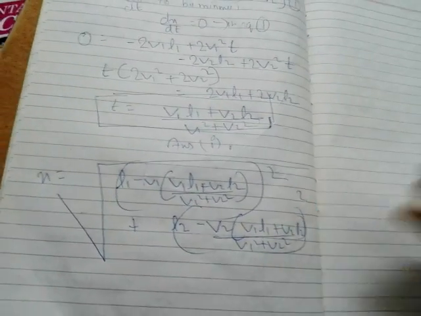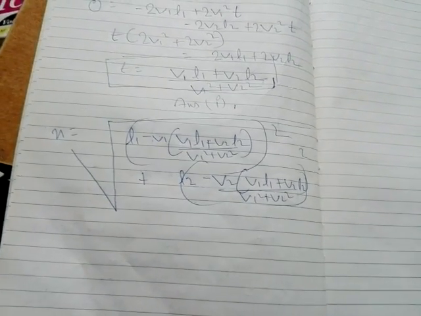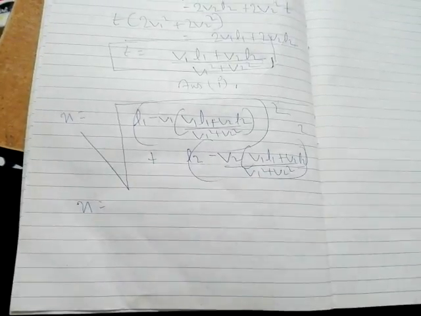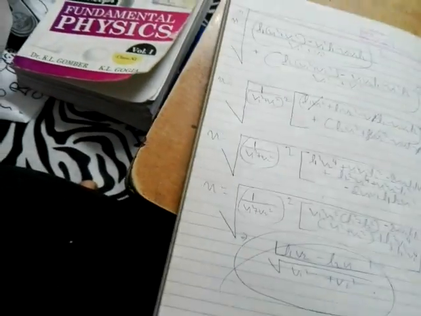I am not simplifying this equation right here, as the video would become very long, so I would simply write the answer as, let me check what my rough answer was.